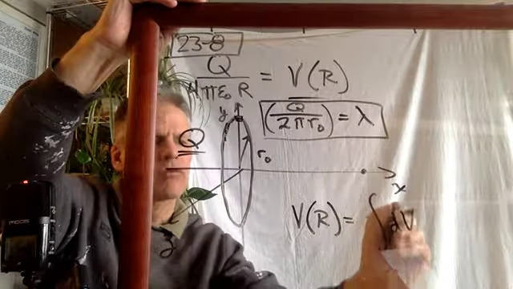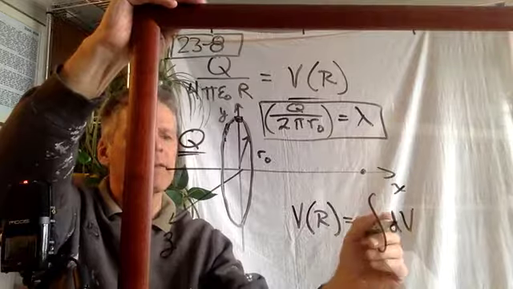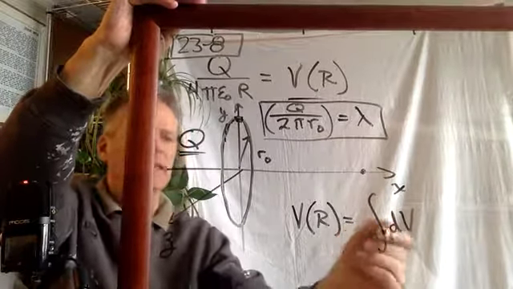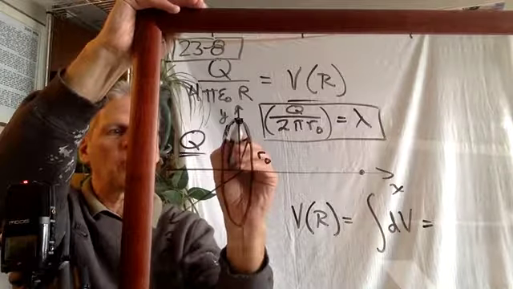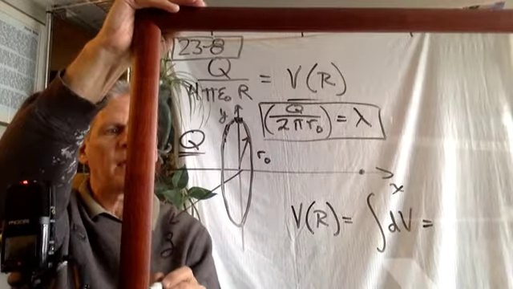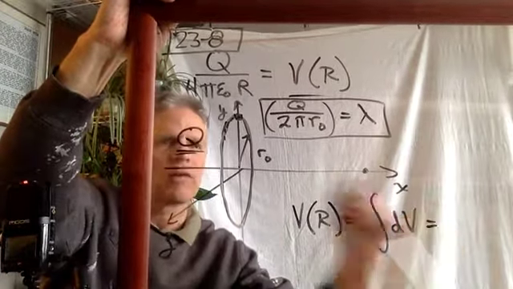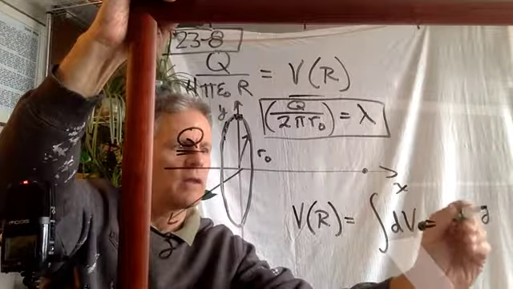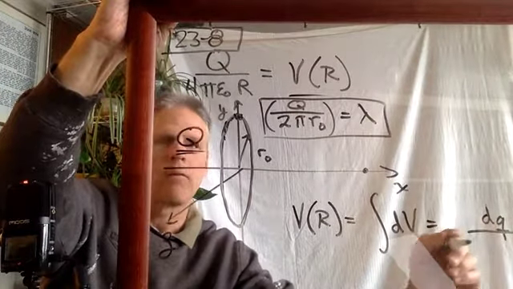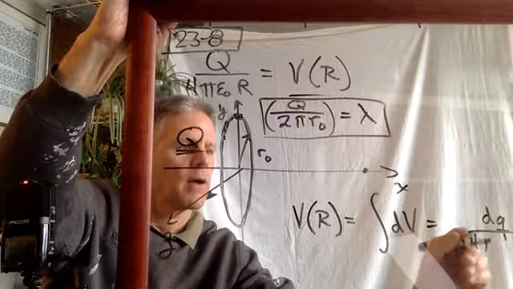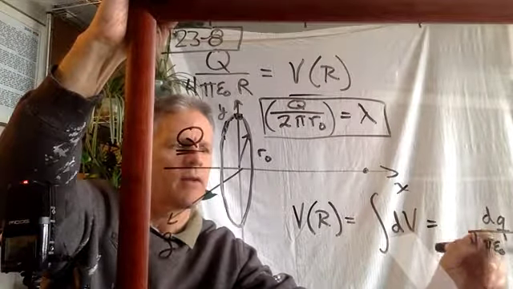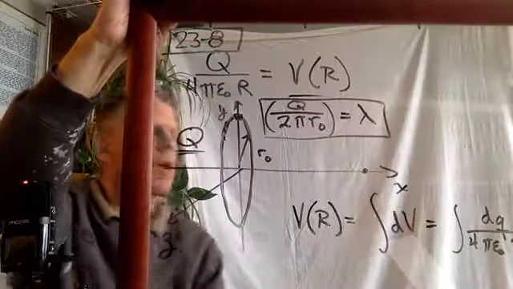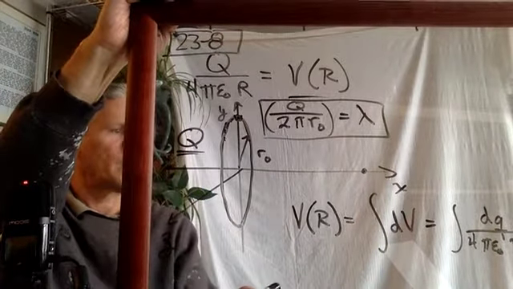I don't think this is a traditional way to write it, but I'm going to write it like this. What's the little bit of potential that's added by that point right there? It's just this expression, dQ over 4 pi epsilon 0 R. I'll just say R for the moment.